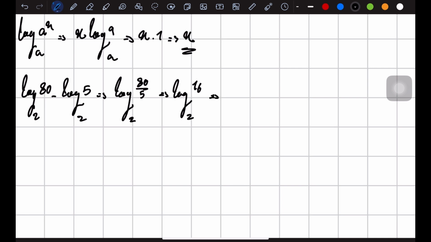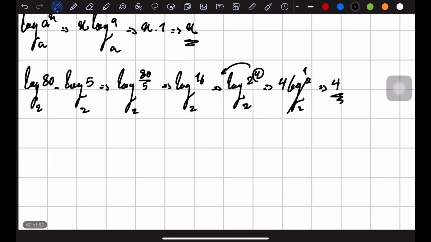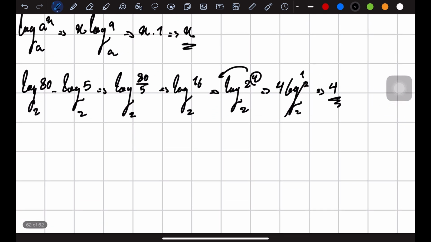What is 16 if you want to write it as base 2 to simplify it? 16 is 2 with a power of 4. So as we stated before, the 4 goes in front of the logarithm. So it would be 4 log base 2 of 2. The 2s cancel each other out. This one is 1, so the answer of this question is 4. Simple as that.